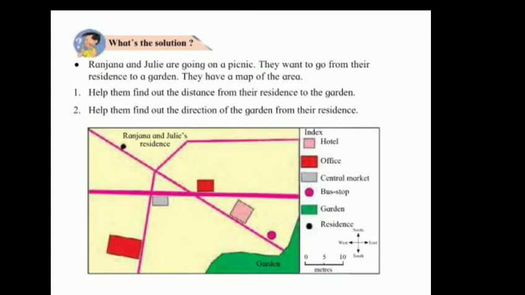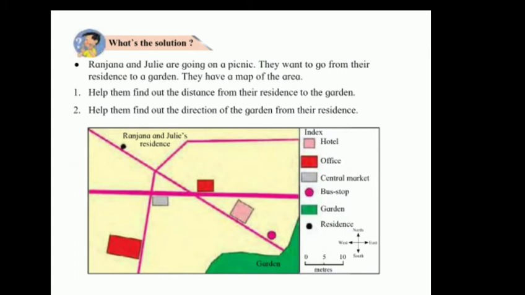See, in the middle of the road you see a rectangular red color, that is the office. Then you see the circular one is the bus stop. Then the hotel is there. Then the central market is given. So the index shows these places, but from the residence to the garden, it is approximately 45 meters.